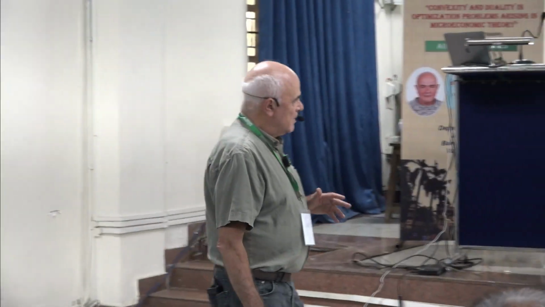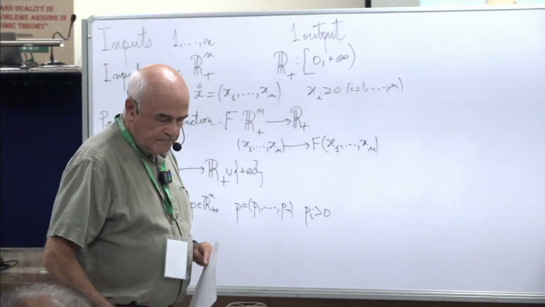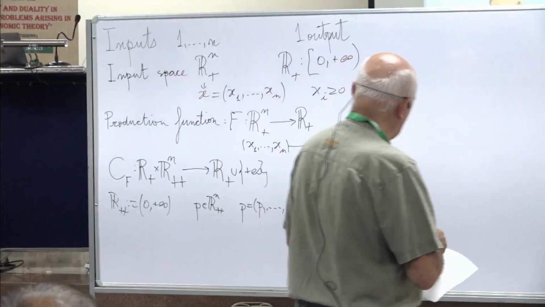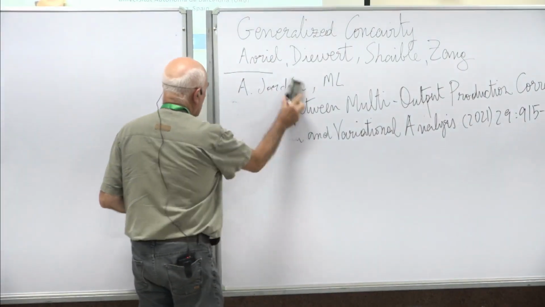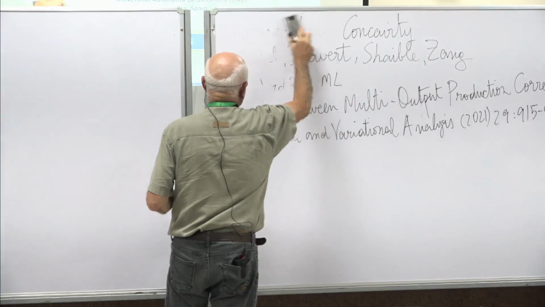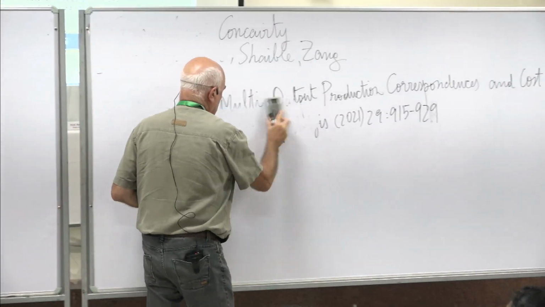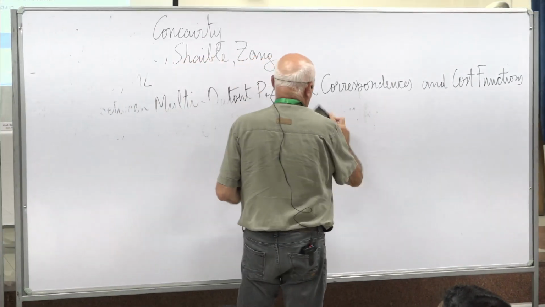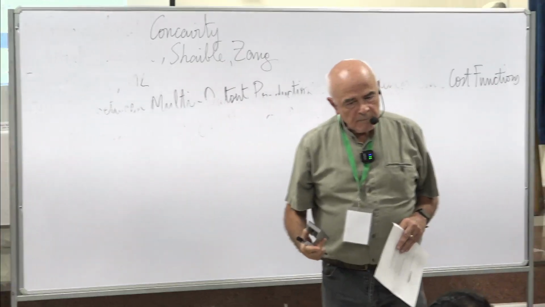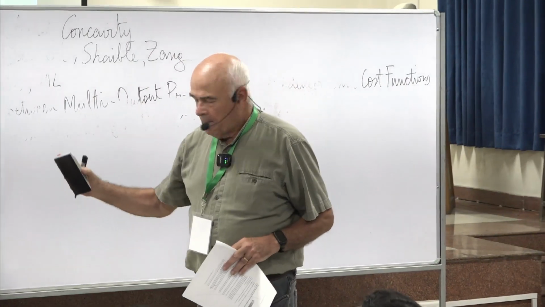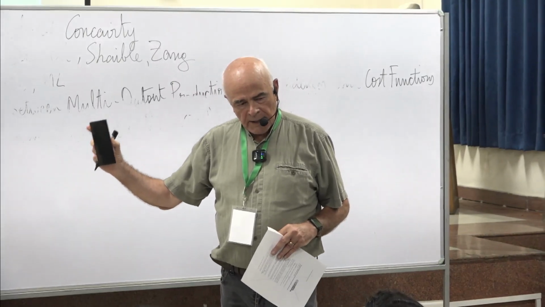Okay? Well, then the cost function. Pi is the price, is the unit cost of input i.